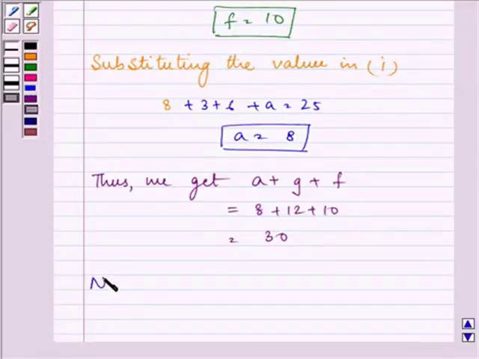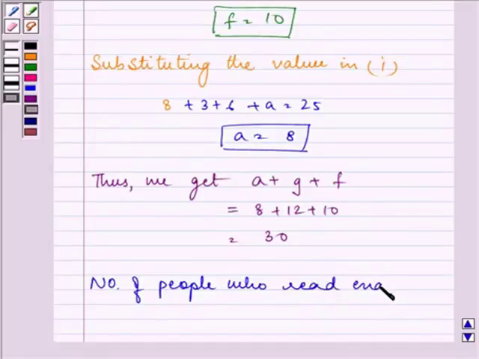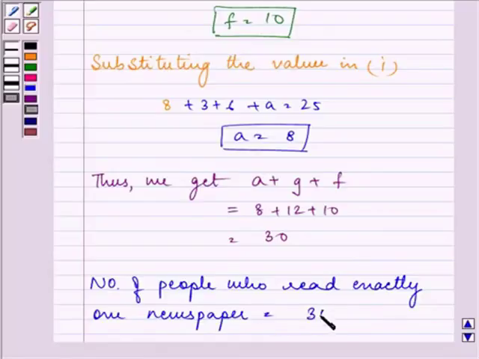So, the number of people who read exactly one newspaper is equal to 30, and this is our required answer of the second part.